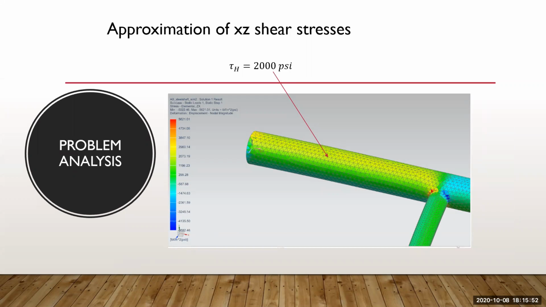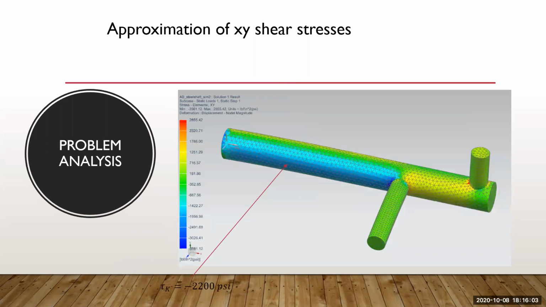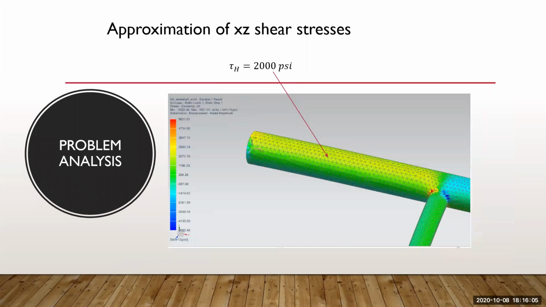And this was for the shear stress at point H, which was 2,000 psi. And again, how did I know that? Well, it was approximated. Right here you can see the color was green, yellowish.